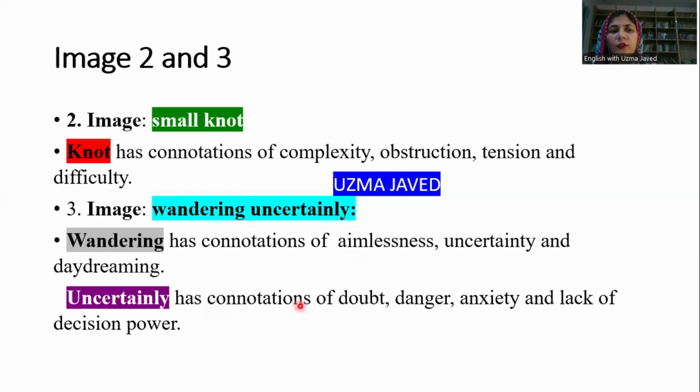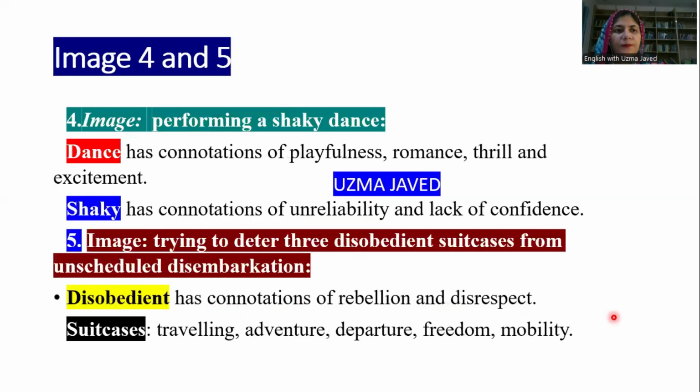Uncertainly has the connotations of doubt, something not clear, anxious or anxiety, and lack of decision power. When you are uncertain, you don't know what to do, whether you should opt for English as an elective subject or not. This is an uncertain decision.